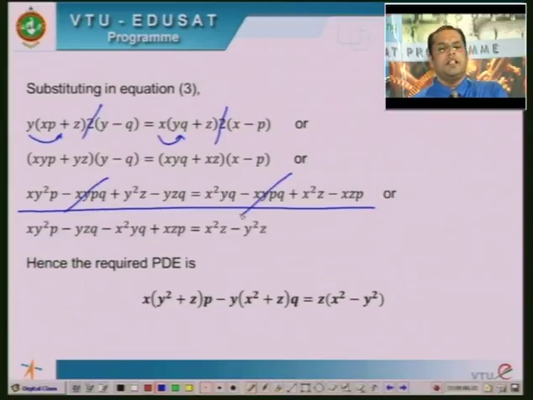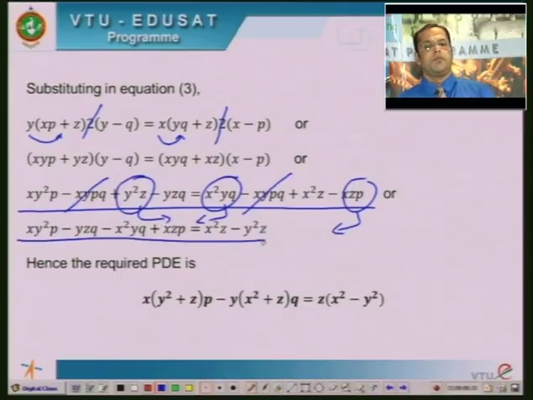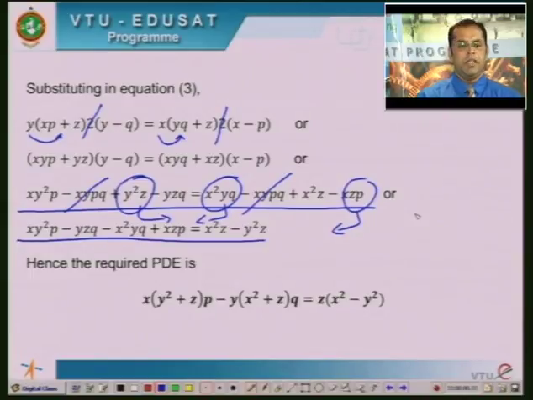These 2 terms cancel, shift small p and small q terms to LHS, shift the term not containing p or q to RHS, which will give you this: xy square p minus yzq, this comes here, minus x square yq plus xzp equal to x square z, this y square z goes to RHS as minus y square z.